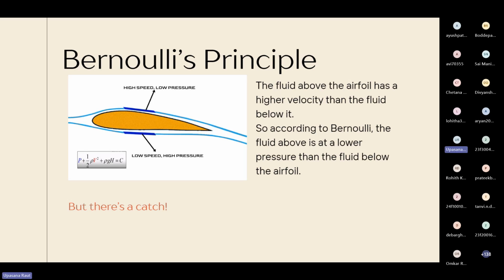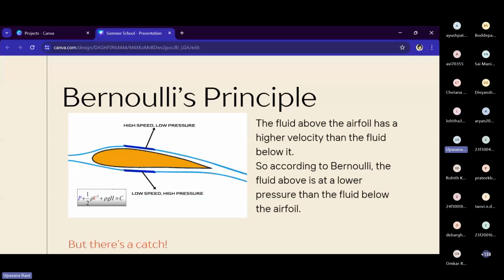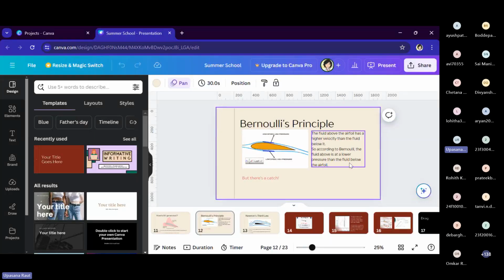But there is a small catch. Can anyone tell me what it is? If you have read Bernoulli's principle. It's fine if it's wrong. You can write it in the chat.